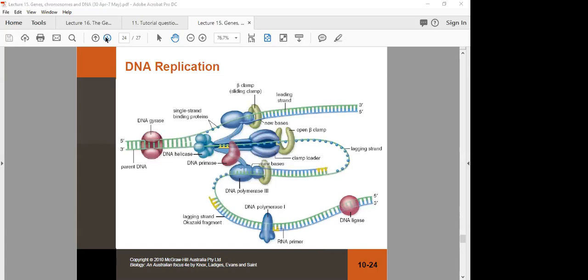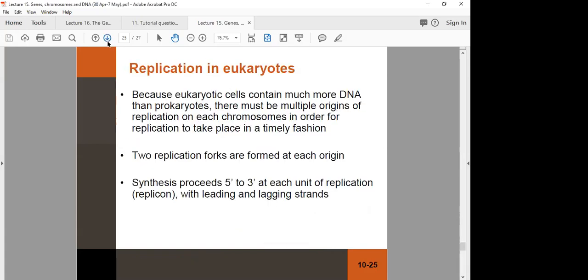All right, so that's our DNA replication. Now, because eukaryotic cells contain a lot more DNA than prokaryotes, there's not just one origin of replication on each chromosome.